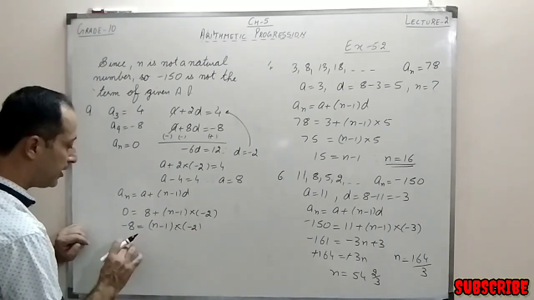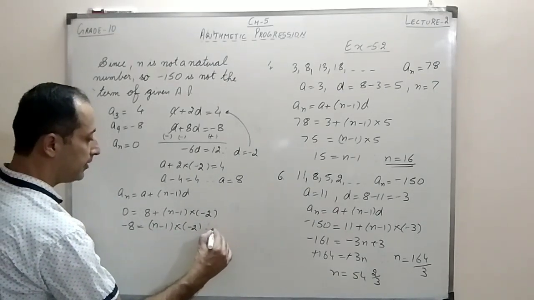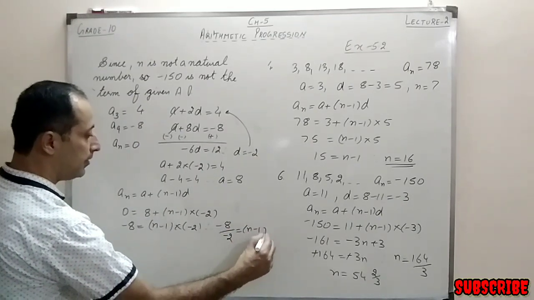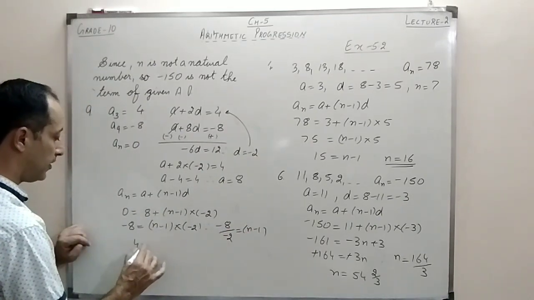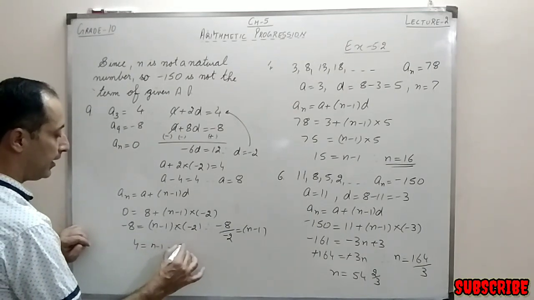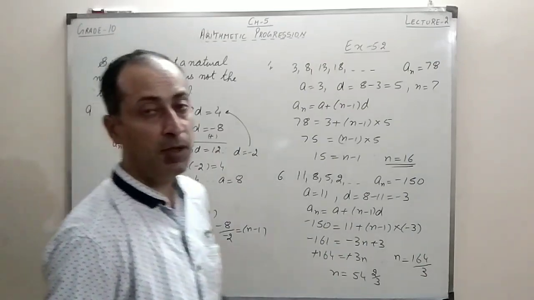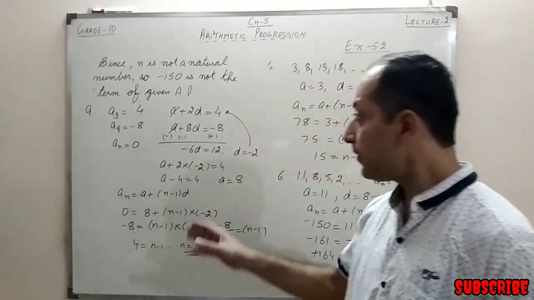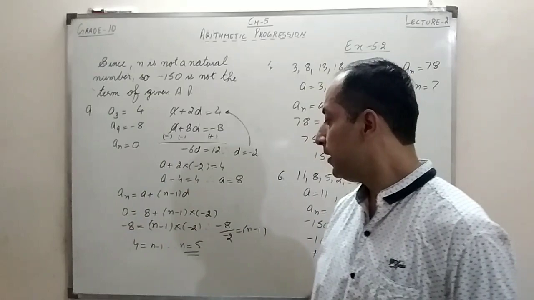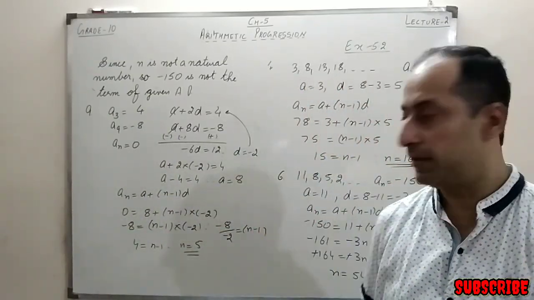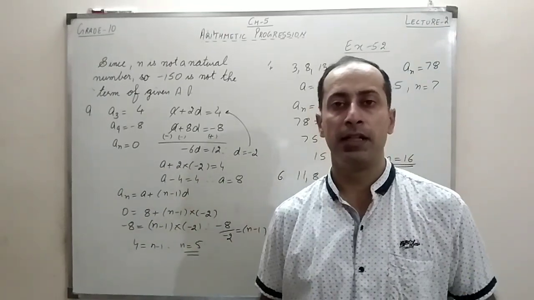I divide by minus 2, so this is minus 8 upon minus 2. This cancels out, this is 4 equals n minus 1 and I get the value of n as 5. So if we continue to write the given AP, this 0 will come at the 5th place. This means 0 is the 5th term of the AP.